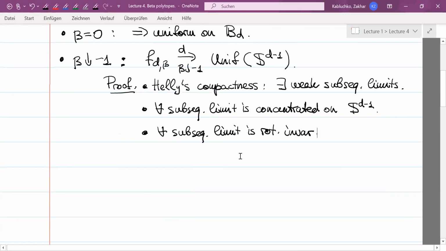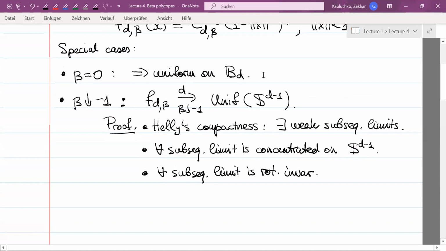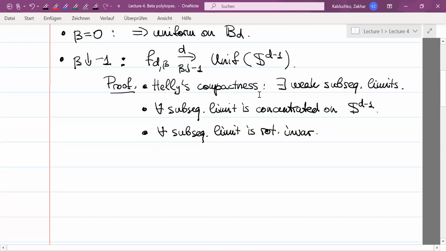And since there is just one rotationally invariant probability measure on the unit sphere, the uniform distribution, this holds, right? So this is the idea. So the case β equals -1 can be understood as a uniform distribution in some general sense on the unit sphere. And finally, the last case, β goes to plus infinity.